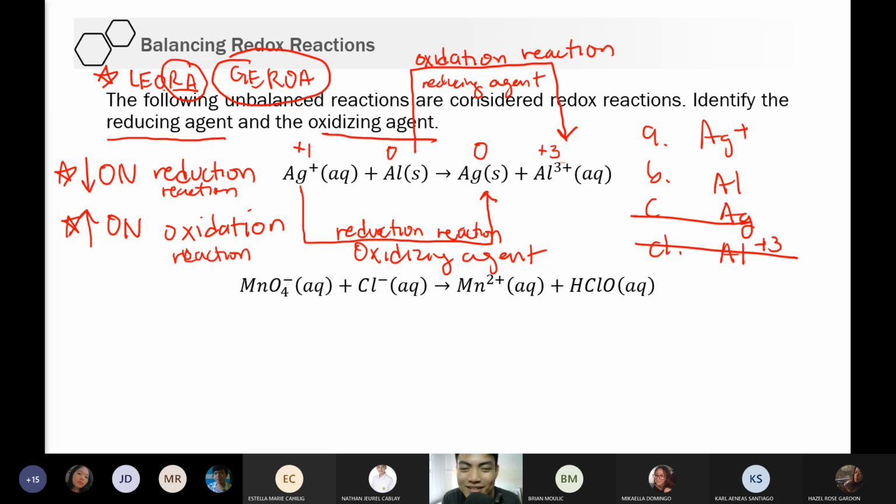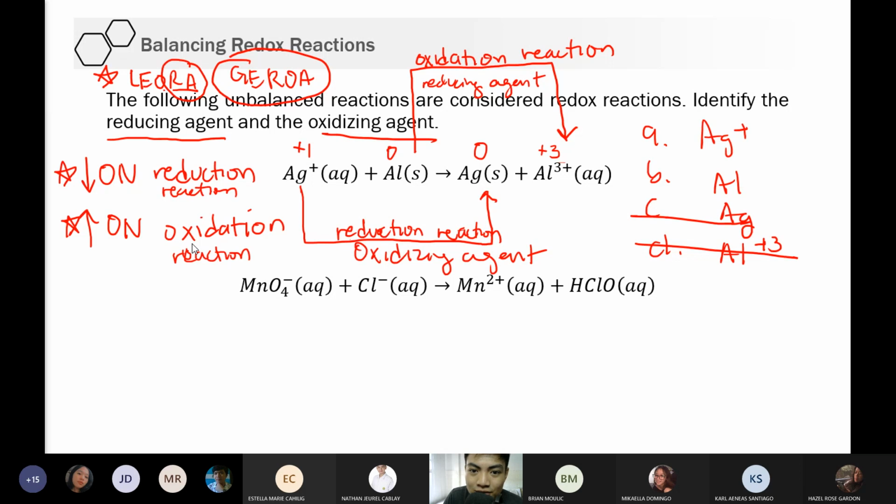So, just remember all these three, no? Leora, Geroa. Pag bumaba oxidation number, reduction reaction. Pag tumaas yung oxidation number, oxidation reaction. Okay? So, just remember all these concepts. Again, pag may word na agent, baliktad yung dapat na tawag sa kanya. So, kapag nag-undergo siya ng reduction, tawag sa kanya, oxidizing agent.